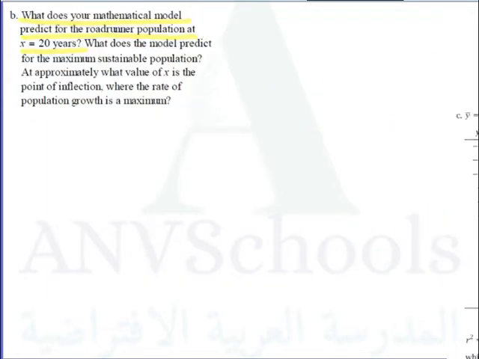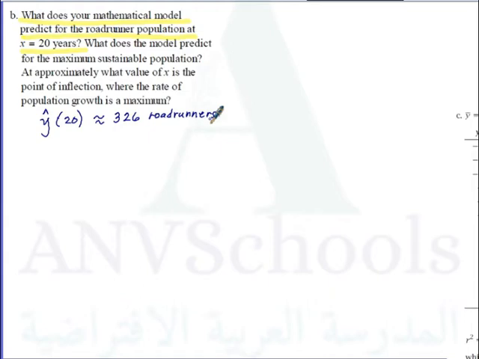So the answer for this, the population of the roadrunner at 20, y hat of 20 using our model, is approximately 326. So this is the population of the roadrunners after 20 years.